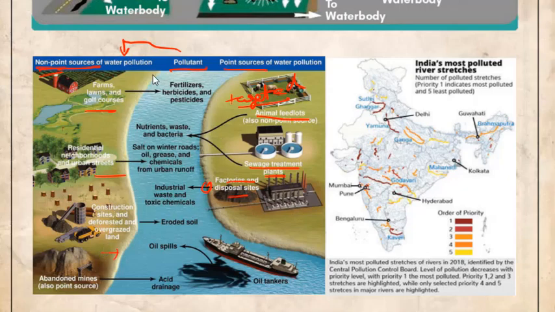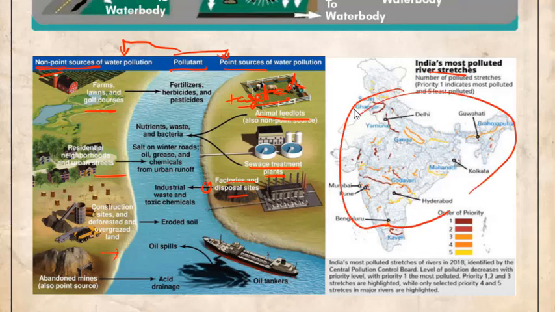You should know the point source and non-point source. If it is targeted and released from some point, it is called point source, and if you cannot target it and it is released from different areas, then it is called non-point source. India's most polluted rivers sketch is given, you can see the most polluted rivers in dark.